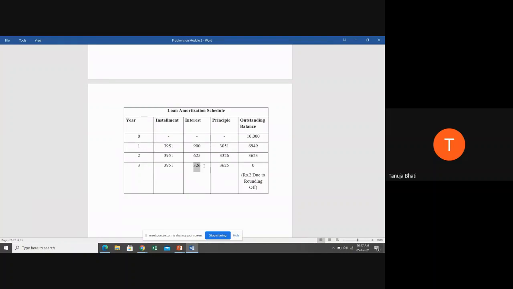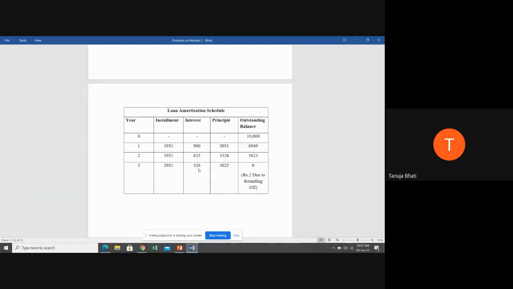So what I'm doing is converting the decimal into a whole digit, because I'm not writing decimal points. The nearest value to 326.0 is obviously 326. If it is 0.5 and above, you can convert it into the next digit. So I'm not writing decimal points.